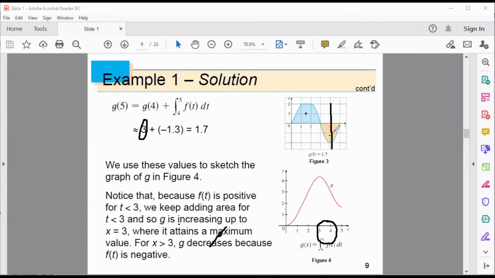Since it's negative, it's equal to 1.3. We have symmetry. That means in terms of size, this area is equal to this area. The left side of this black line is equal to the right side. We have symmetry for this area. Then in terms of size, it's equal to 1.3. Then 3 minus 1.3 is equal to 1.7.